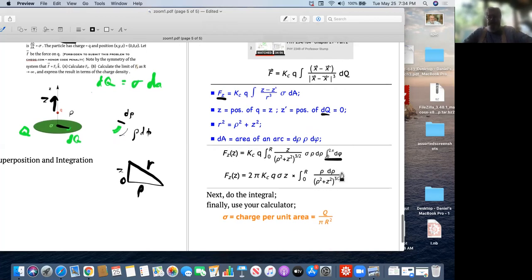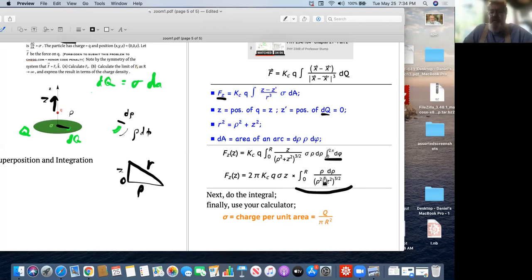Now again, this is an elementary integral. It's something like 2 over the square root of rho squared plus z squared, 2 times (rho squared plus z squared) to the minus 1/2 power. Or maybe it's the negative of that.